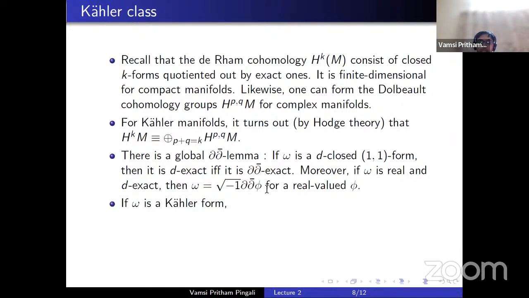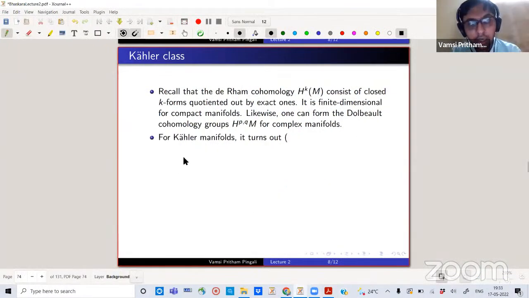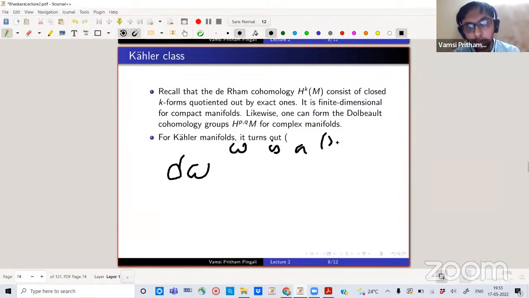So if omega is a Kähler form, then it defines a de Rham cohomology class. Meaning, if omega is a Kähler form, what does this mean? Omega is a Kähler form if omega is a 1-1 form, firstly.